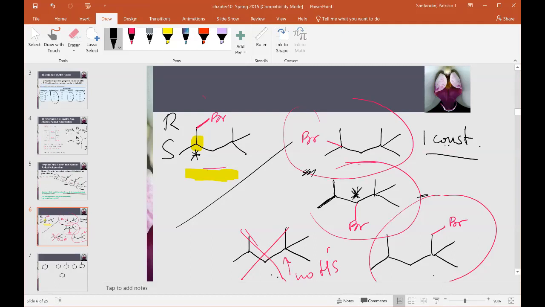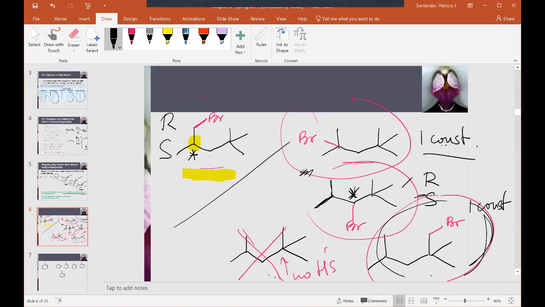So again, I have the possibility of R or S configuration for this other compound. And then finally, for this one here, I have just 1 constitutional isomer without the possibility of stereoisomers.